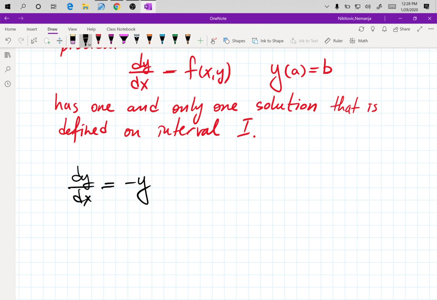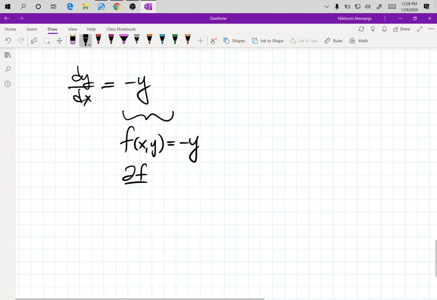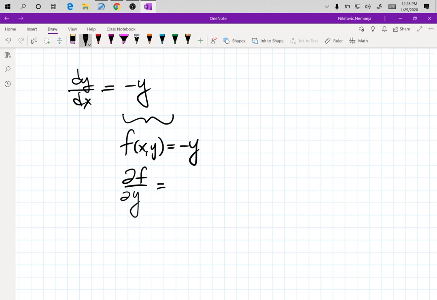So as one of the examples, dy/dx equals negative y. And for this one, we have f(x,y) equals negative y, and your partial derivative with respect to y, this is when your Calc 3 kicks in for the first time, is negative 1. So this is continuous because it's a polynomial.